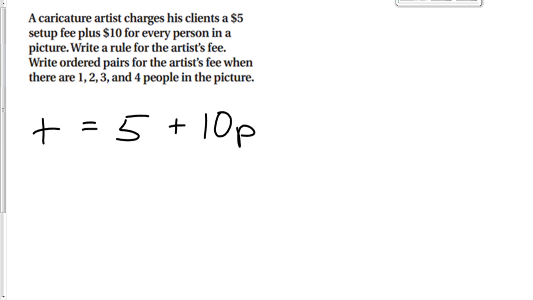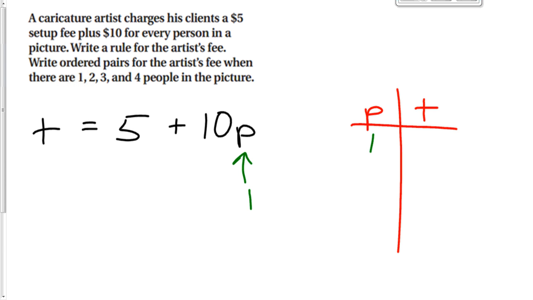Now we can set up a chart like this and figure out what it's going to cost depending on how many people there are. So if there's just one person, I can plug in 1 for P. This is just like the one I did on the previous screen. 10 times 1 is 10, and 10 plus 5 is 15, so you're looking at $15.